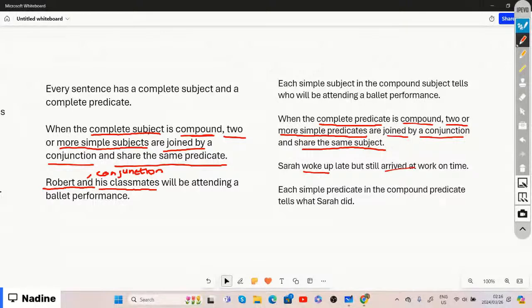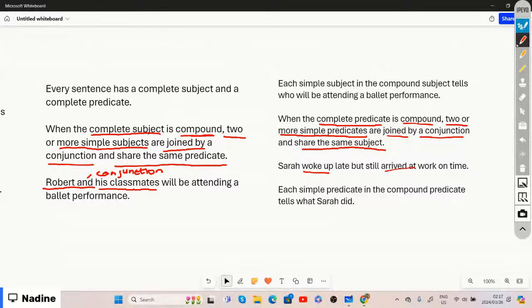And when we have a complete predicate that is compound, it means we have two or more simple predicates joined by a conjunction, but they share the same subject, which means we will have two different actions within that one sentence, but one subject. Two verbs, one subject, right? And it is joined by a conjunction.